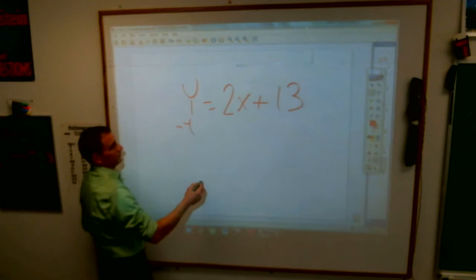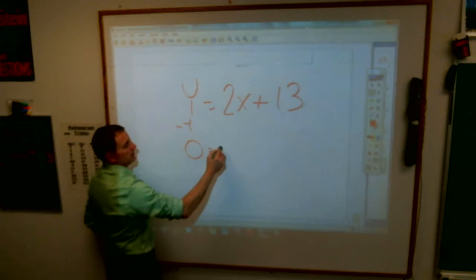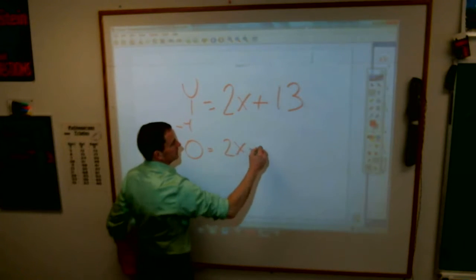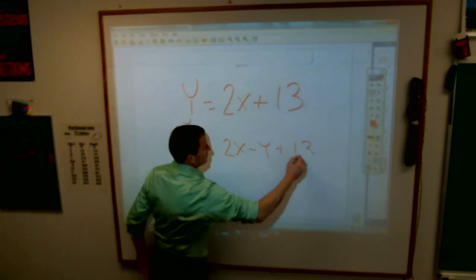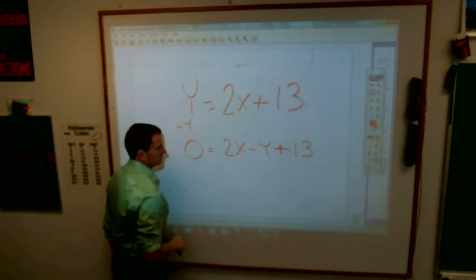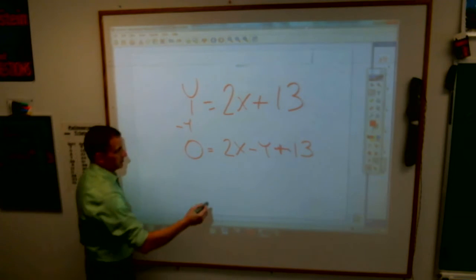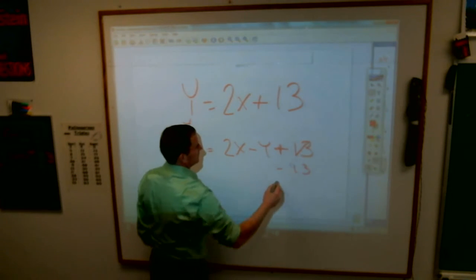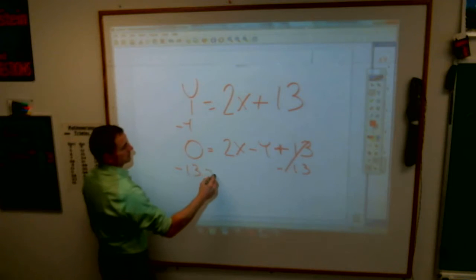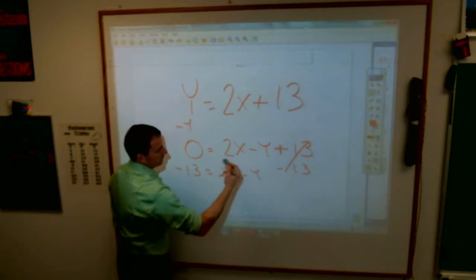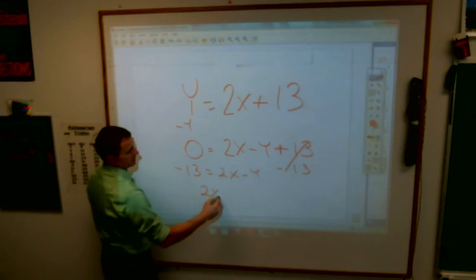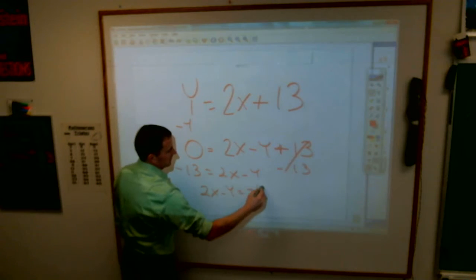I subtract y over, so now I have 0 equals 2x minus y plus 13. Then I gotta subtract my 13 to get it on the other side. And then you can flip-flop the thing, so it is 2x minus y equals negative 13.